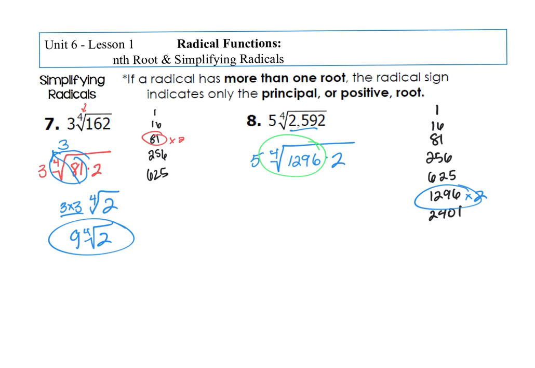I take the fourth root of the number that's from my list. That's the perfect part. The fourth root of 1,296 is 6. So that 6 comes out. It has to multiply with the 5 that's already on the outside. Don't forget to do that. 6 times 5 is 30. And then we put fourth root 2 as our leftover part.